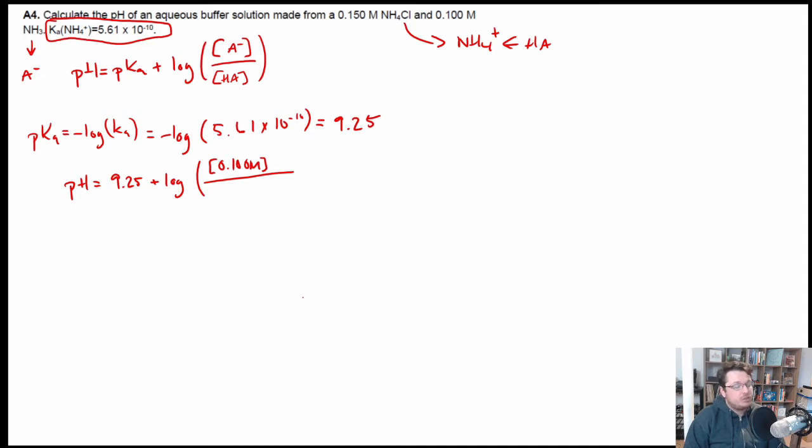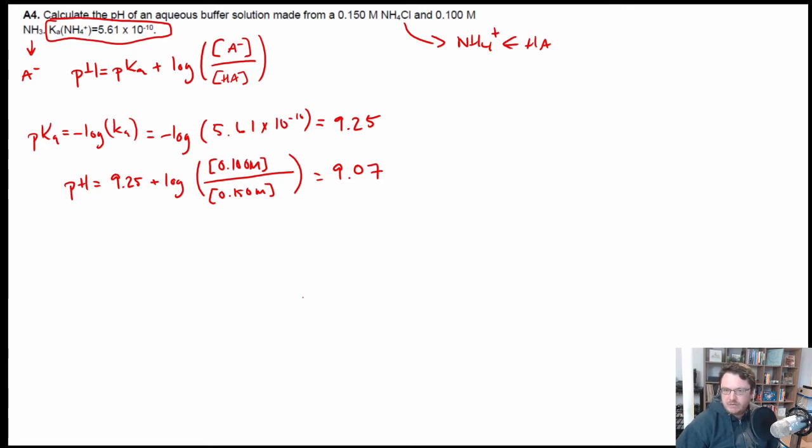So that's 0.150 molarity. We take all of that and plug it into our calculator. So we have 9.25 plus the log of 0.1 divided by 0.15, which gives us a pH of 9.07 in this case.